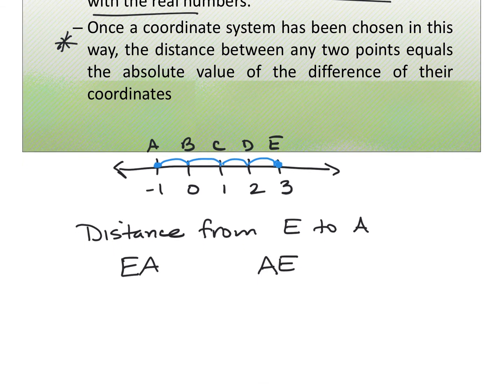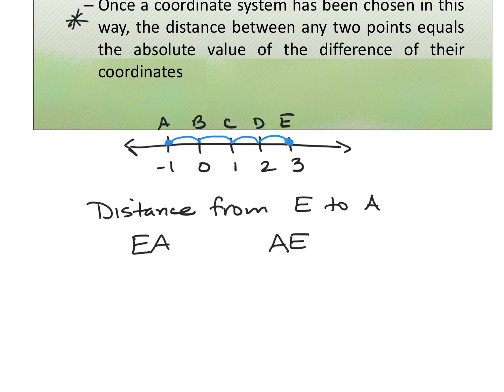So if I go from E to A, I'm going to again find the difference. So E is 3, A is -1, and remember we're finding the difference, so a subtraction problem, of these 2 numbers. And again, I'm going to absolute value it.